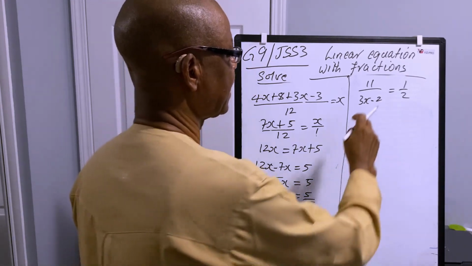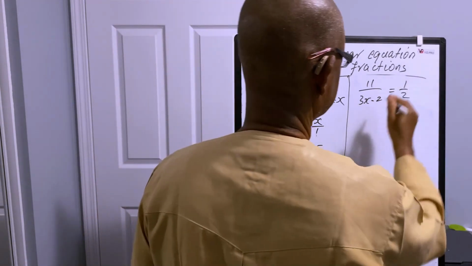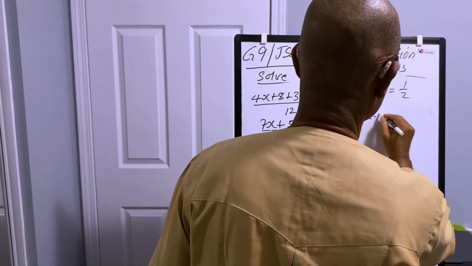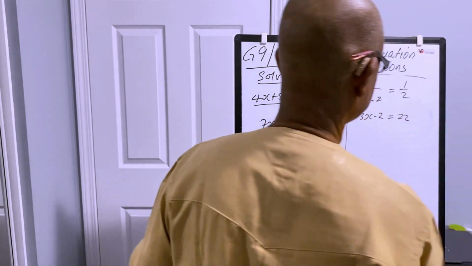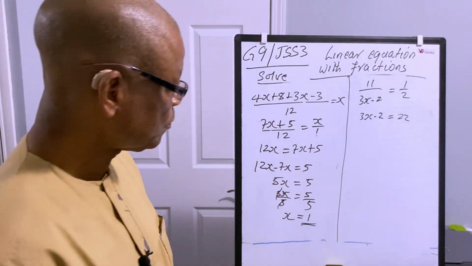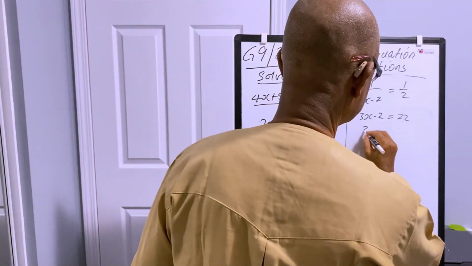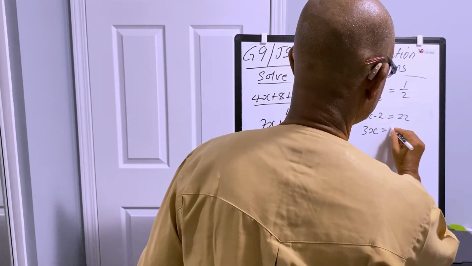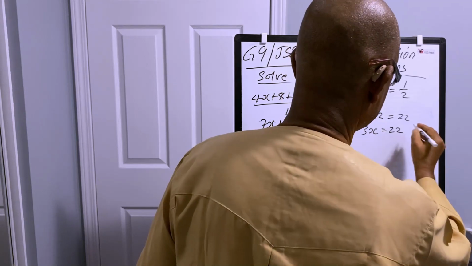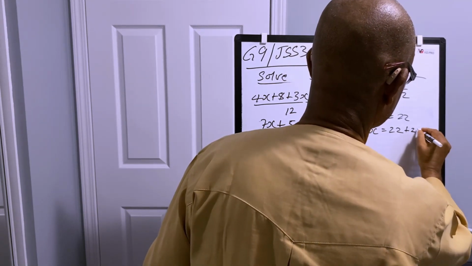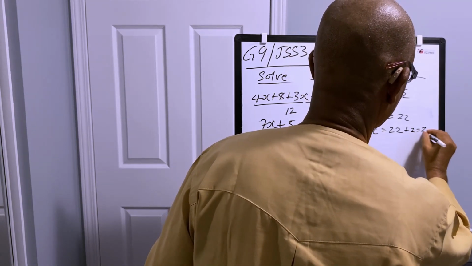We cross multiply: 3x minus 2 times 1 remains 3x minus 2 equals 11 times 2, which is 22. So we have 3x equals 22 plus 2, since crossing the equality sign, minus 2 becomes plus 2, which is 24.